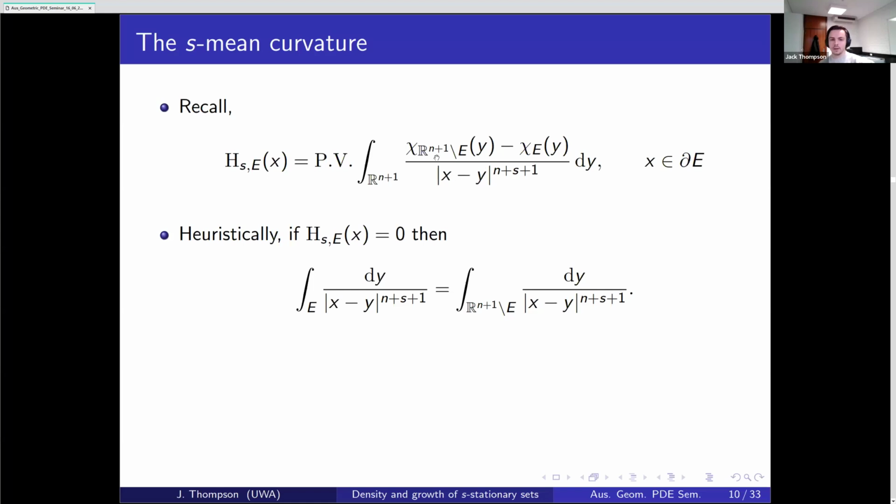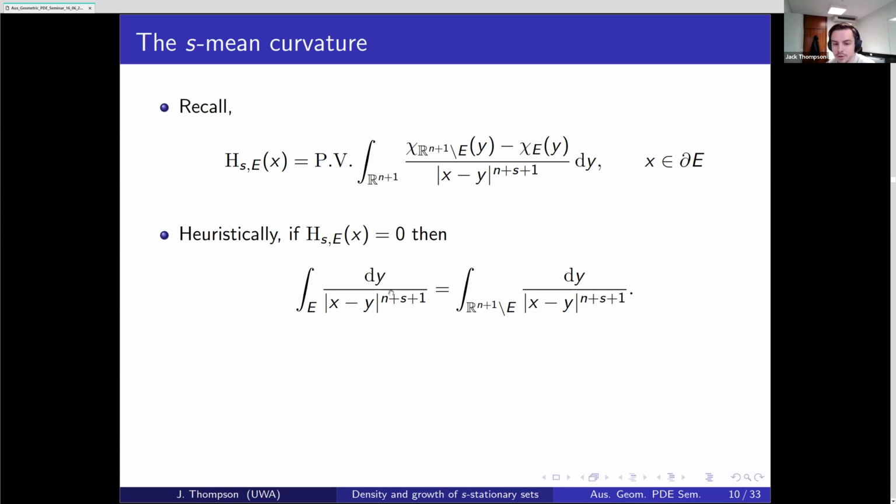We have a kernel here, and it's a weighted integral that compares the complement of E with E. So heuristically, if I have zero S mean curvature, and I break up this integral, it's essentially saying that the measure of E with respect to this kernel is the same as the measure of the complement of E with respect to this kernel. So E and the complement of E have to balance in a certain specific way.